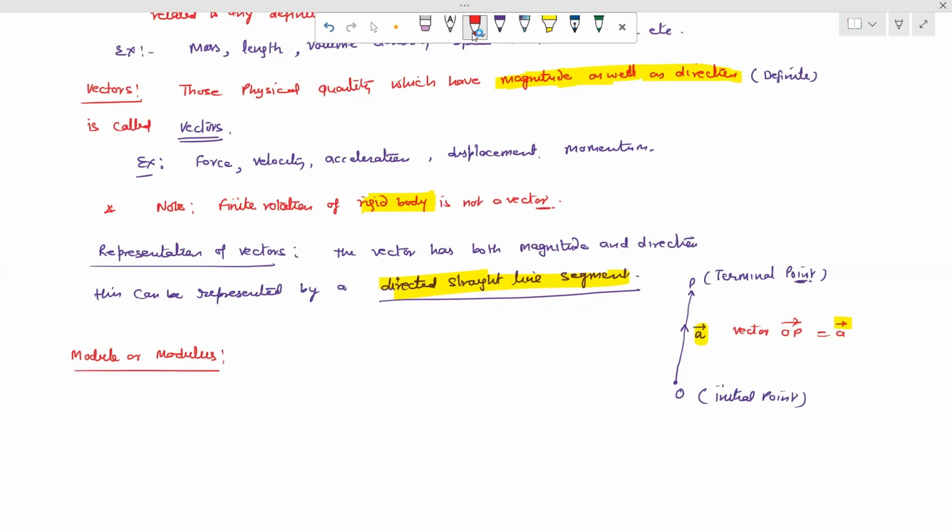Module or modulus. So the positive number which measures the magnitude of a vector is called its modulus, in short, or we can say module.